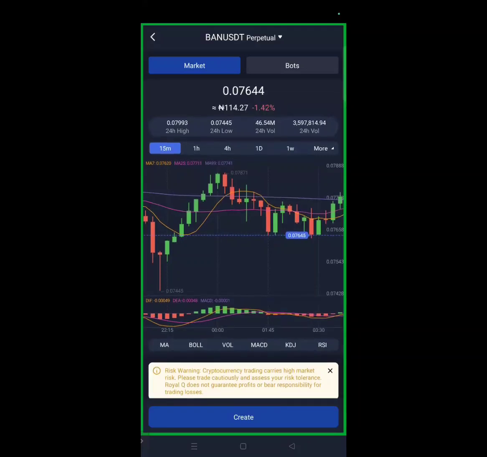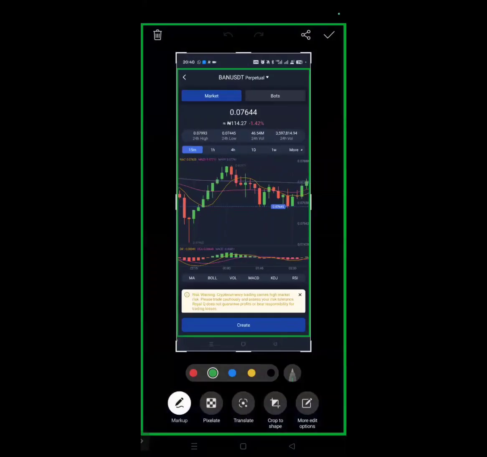So let me screenshot. These stuffs are histogram, okay? And it also shows small red candles and also green candles. It's like a graph. So that's what is called the histogram.